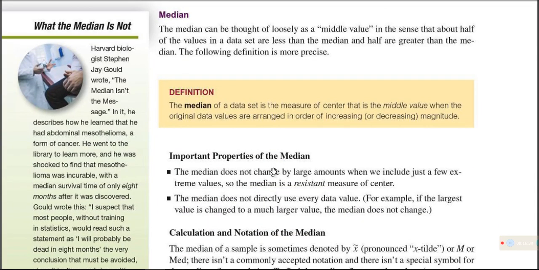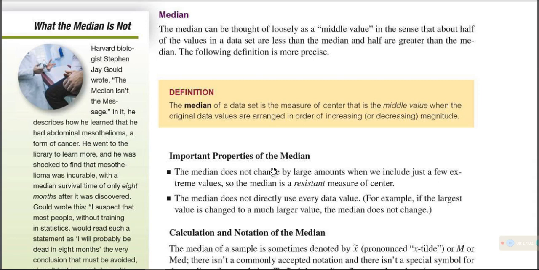Now let's talk about the median. So the median can be thought of loosely as middle value in the sense that about half of the values in the set are less than the median and half are greater than the median. So dito ang hinahanap lang natin ay gitna, literally gitna. Hindi katulad ng mean kanina na sum of all divided by number of observation.